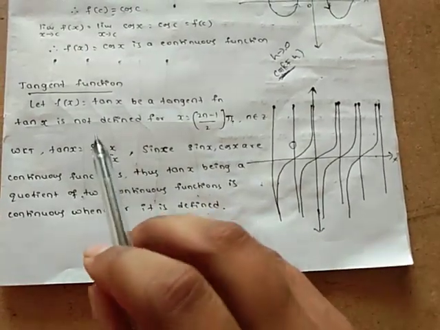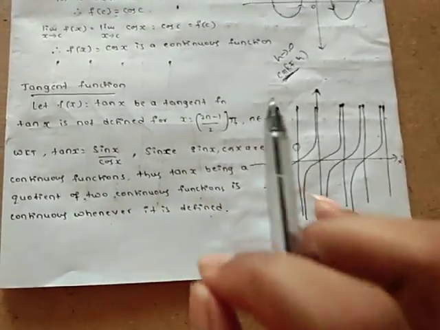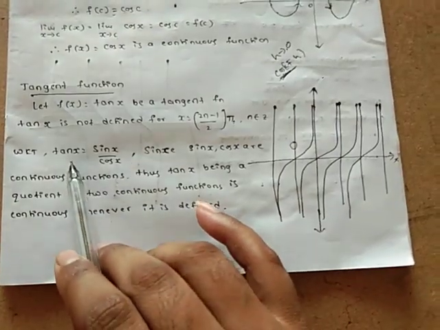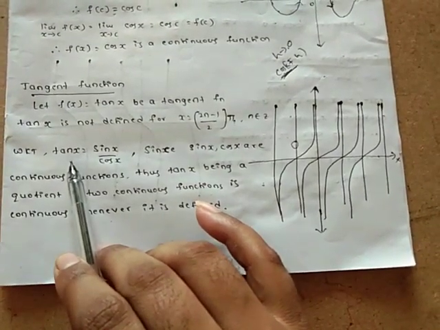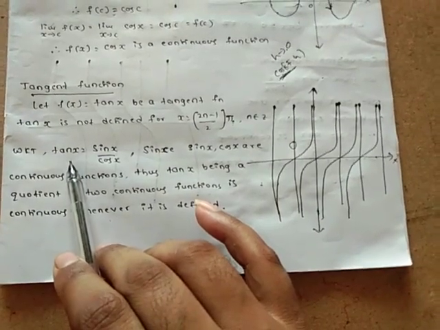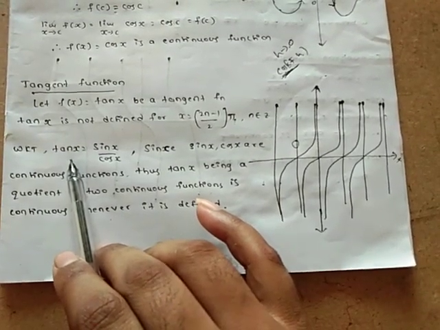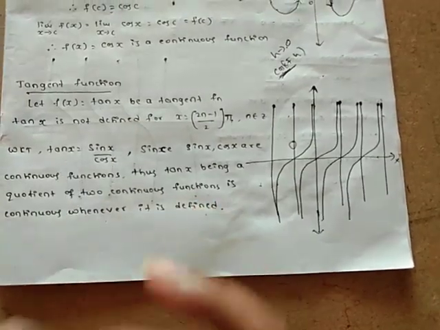Where the points are not defined, we can't say that the tan function is continuous.